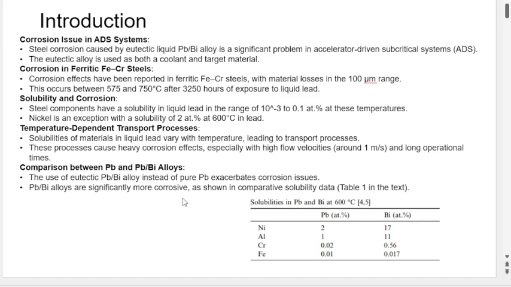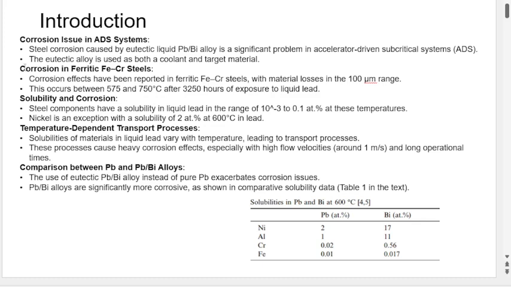The eutectic alloy is used as both coolant and target material in that system. So on one side, it is very important because we can use that PbBi or eutectic alloy as a coolant and also target material. However, on the other side, it is very corrosive.